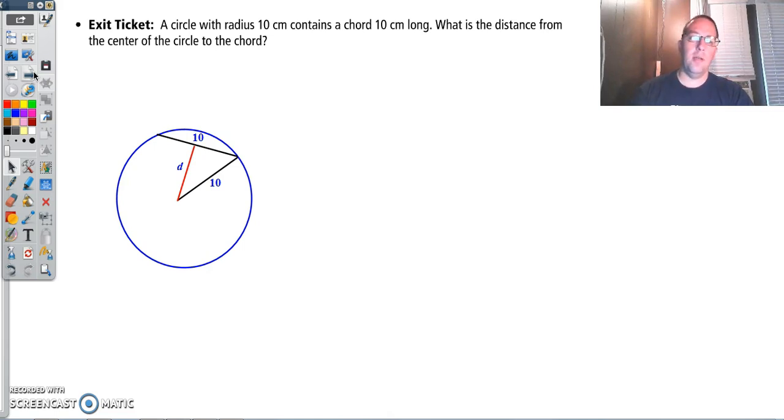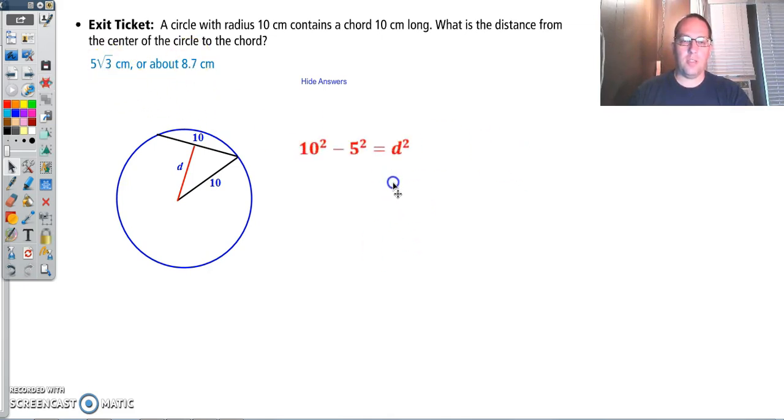All right. Let's see how you did. You should have got an answer of 5 square roots of 3 centimeters or 8.7 centimeters. Same thing. If you didn't, this one's a lot easier. You're going to use the Pythagorean theorem again, but this time they gave us the hypotenuse, and we don't want to use 10.